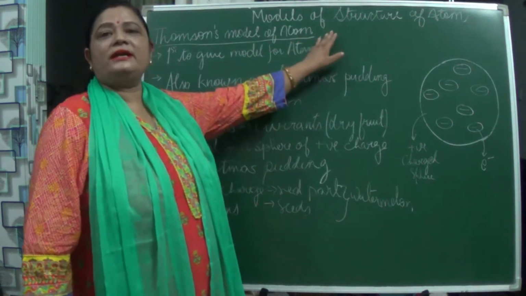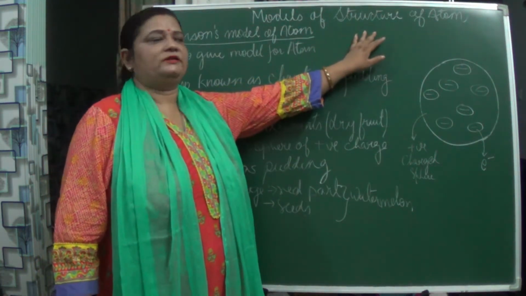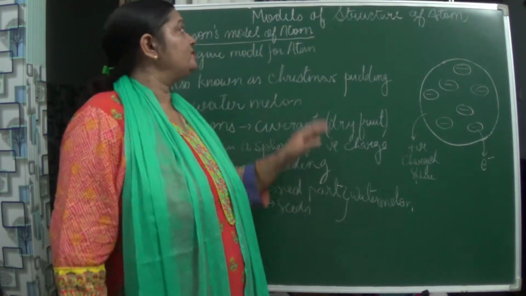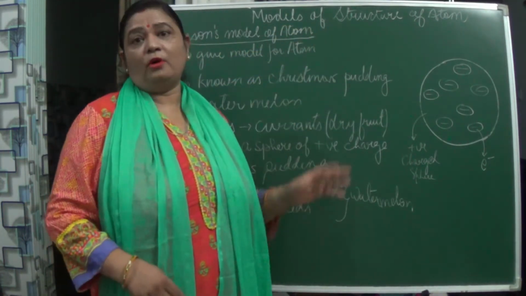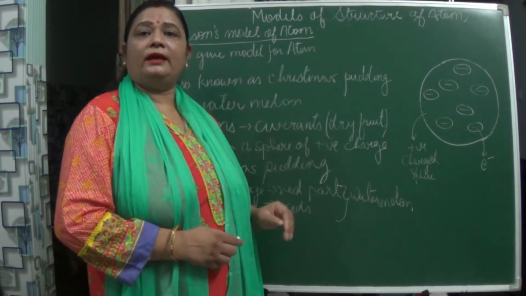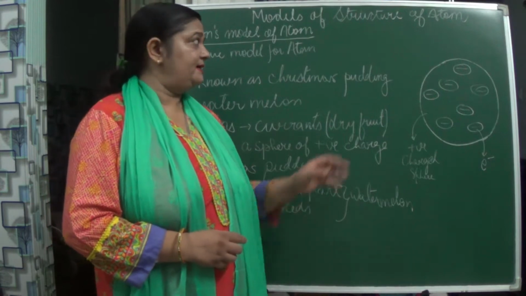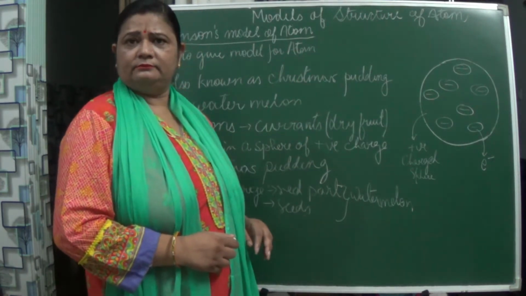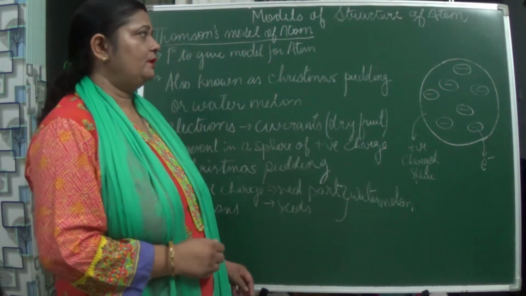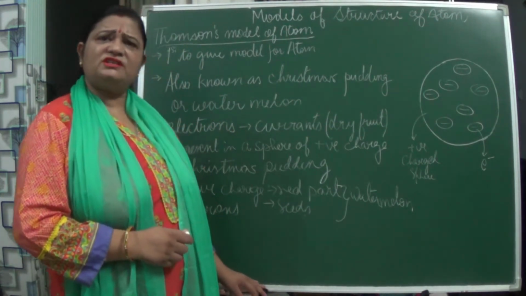Today we are going to study the topic models of structure of atom. Before studying this, let's revise. Dalton said that atom is not divisible; it doesn't contain any subparticles, isn't it? But later on, there was the discovery of what?